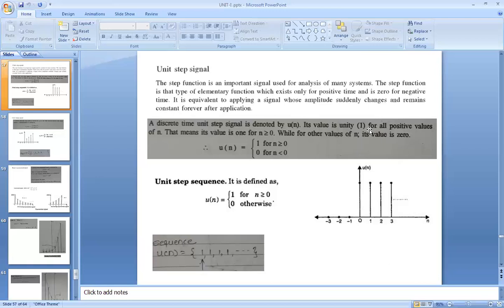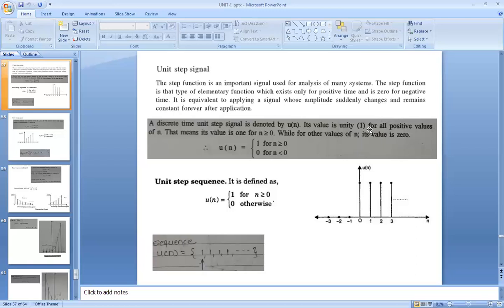So by graph you can draw it in this fashion. A graph is shown in the slide like this. On the x-axis n is written, and on the y-axis there is u of n. So u of n will be 1 for n equal to 0. At the 0 point its amplitude is 1. Similarly, when n is equal to 1, we will get u of n as 1.